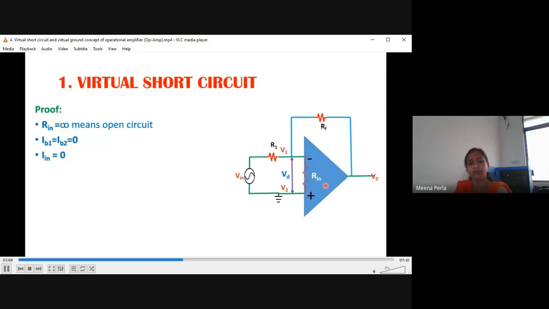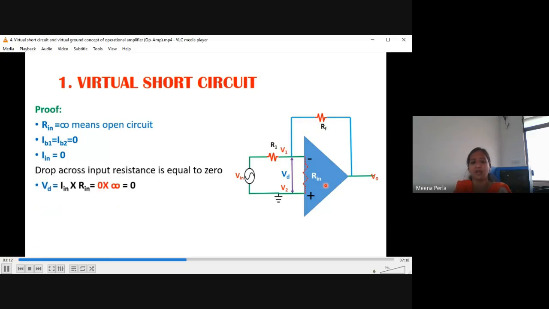Now what will be the drop across the resistance Rin? We use the formula V is equal to IR. Since VD is across Rin, we write it as Iin into Rin. Substituting these, we get VD is equal to 0, because anything multiplied by zero is zero.